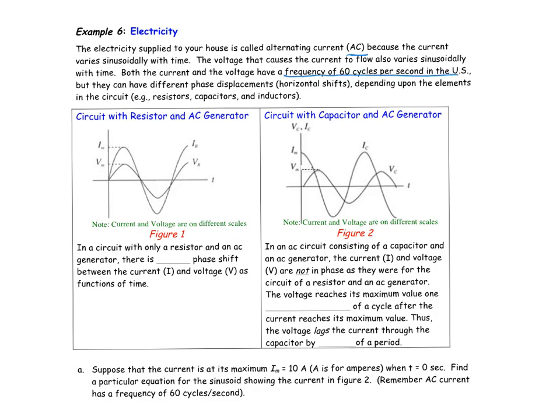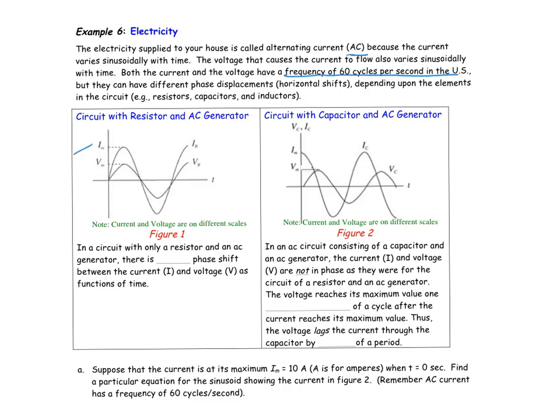So frequency is the reciprocal of the period. But they can have different phase displacements, which we would call horizontal shifts, depending upon the elements in the circuit. For example, resistors, capacitors, and inductors. Figure 1 shows a diagram of the current and voltage in a circuit with just a resistor and some kind of generator for the current.